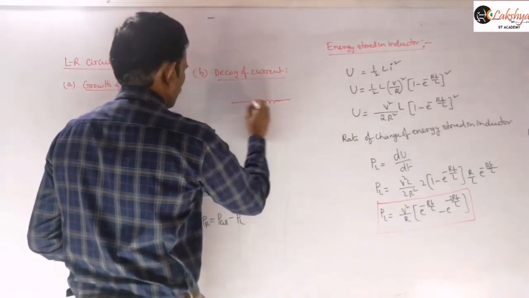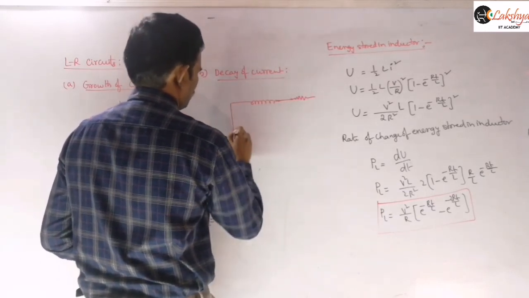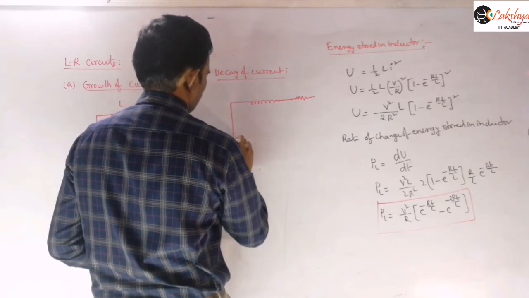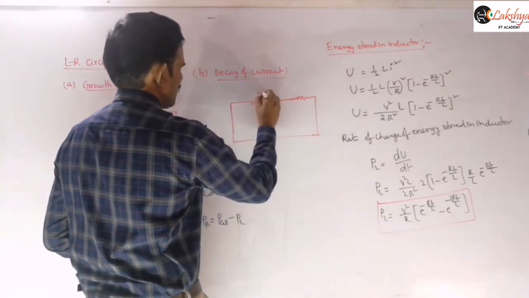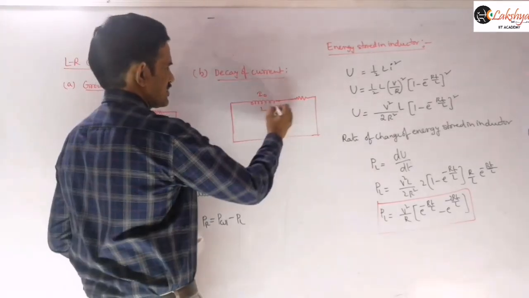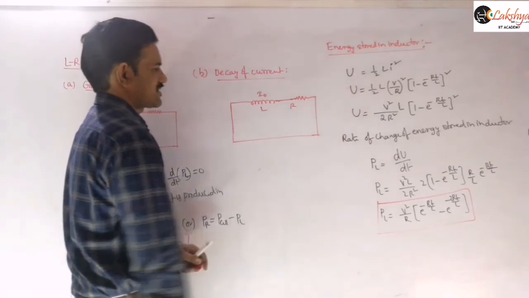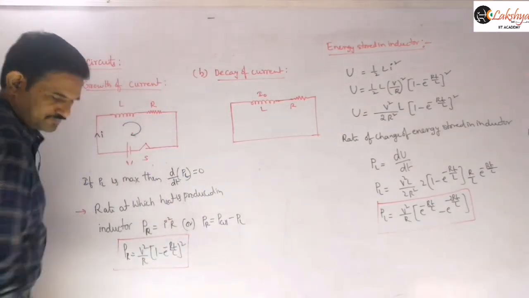the cell is excluded from this. That means only these two will be connected here. After reaching some maximum current, I naught is the maximum current, for example, this is L and R. Now the cell is excluded from this. That means the circuit arrangement you may consider like this.